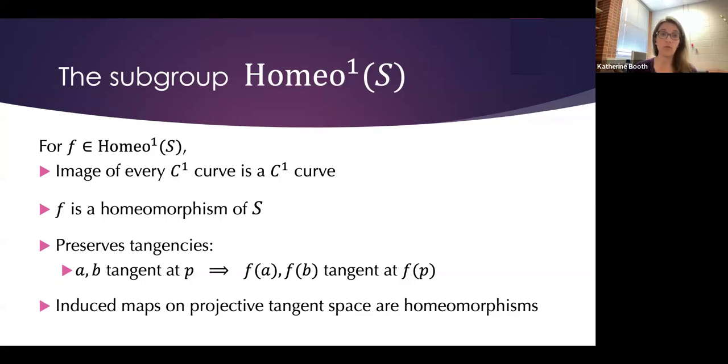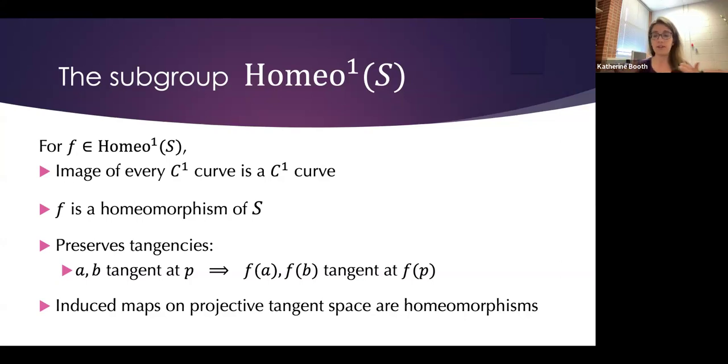So this is not true for homeomorphisms. You can bend curves all you want and mess up their tangencies. All right, and finally, preserving tangencies means we can think about all of our tangent directions, which is what that space is called, the projective tangent space. And so this gives us a nice induced map on the projective tangent space, and these maps have to be homeomorphisms. So these are some properties.